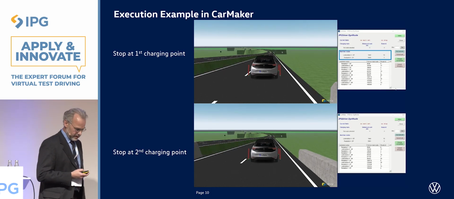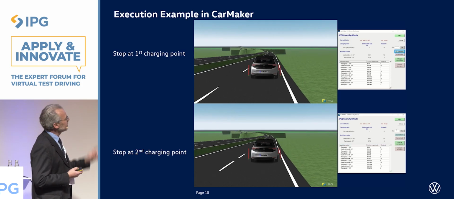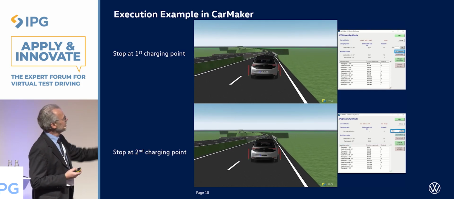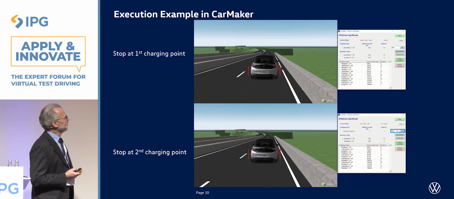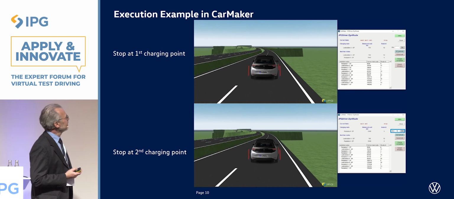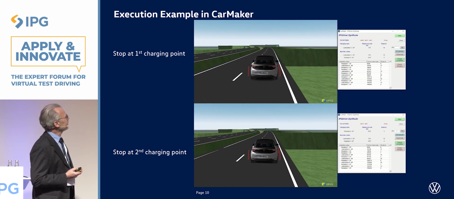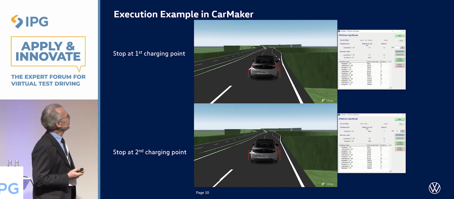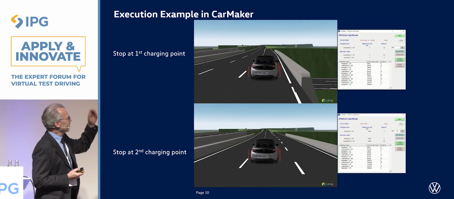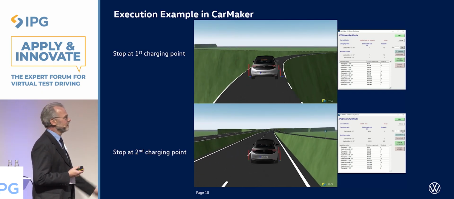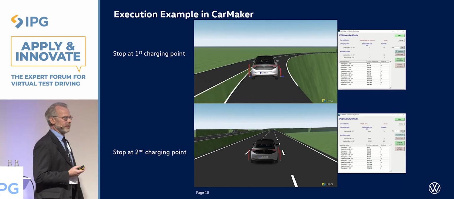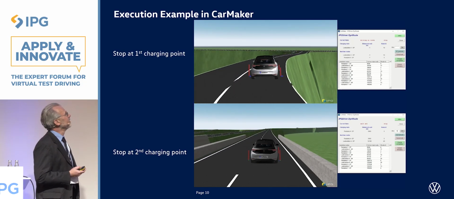You can see that in the upper one, the next exit button is hit, and in the lower one, the exit number for route number 5 is chosen. Then we are approaching the first available exit, and as you can see, the upper car leaves the main route. The lower car will proceed its drive on the main route.